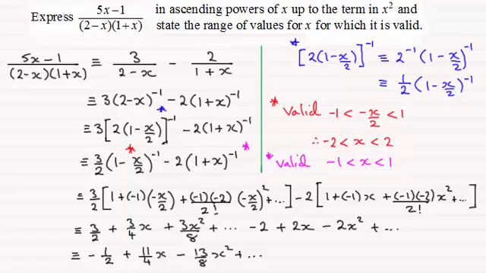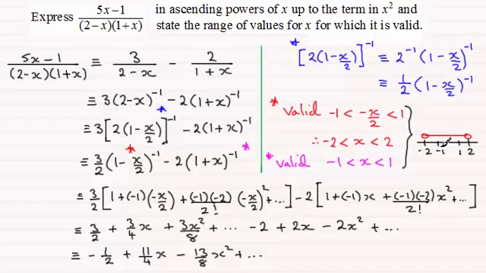So when it comes to looking at both of these ideas here, it's quite handy if we were to draw, say, a number line. If we had our number line here, we can see that this expansion here is only valid when x lies between -2 and 2. So I'll just draw a line across there, with open circles. When we're looking at this one here, it's valid though between -1 and 1.